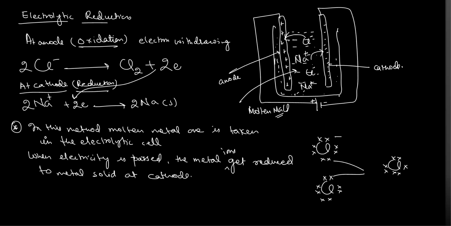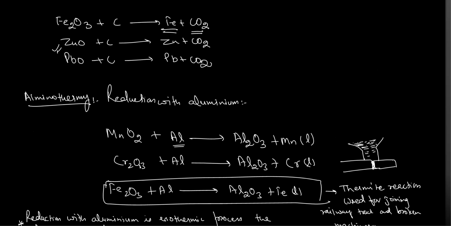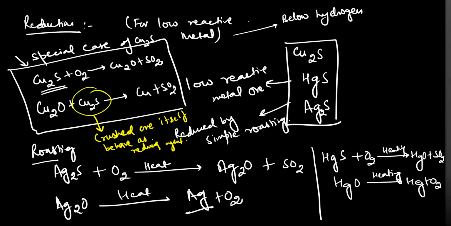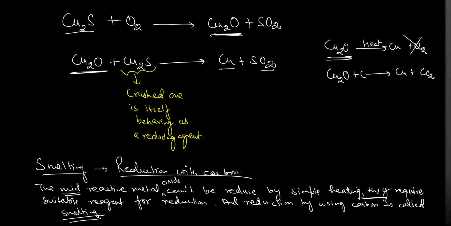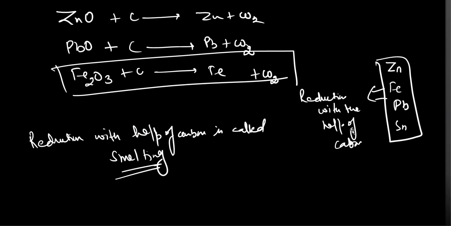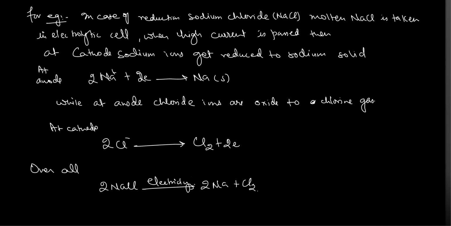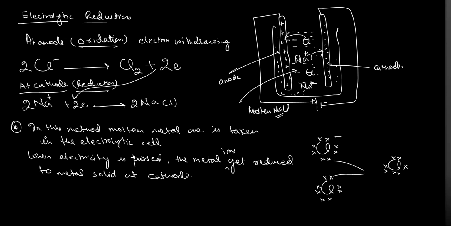Next is electrolytic reduction of sodium chloride. For highly reactive metals, what do we do? Electrolytic reduction. Mid-reactive metals can be reduced with the help of carbon, and the metals which react with aluminium, like manganese oxide.